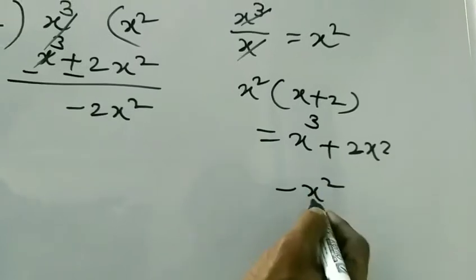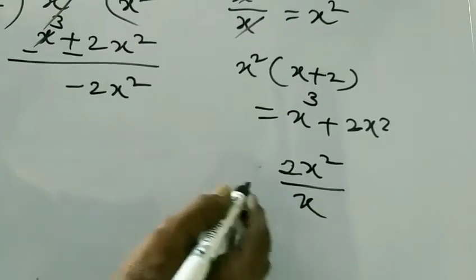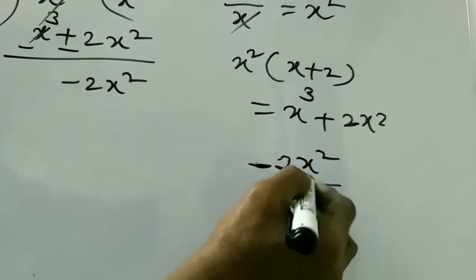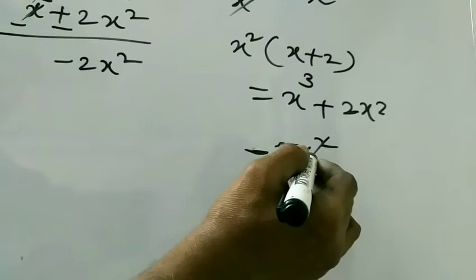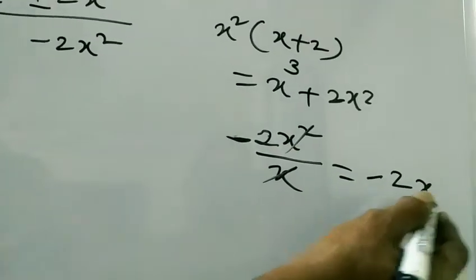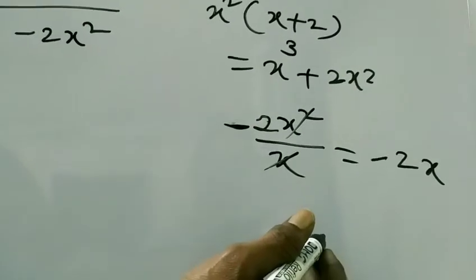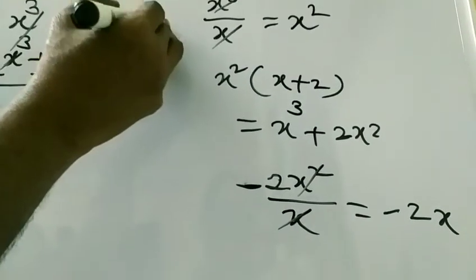Minus 2x square by x, x square cancelled, x is left over, it becomes minus 2x, so here minus 2x.